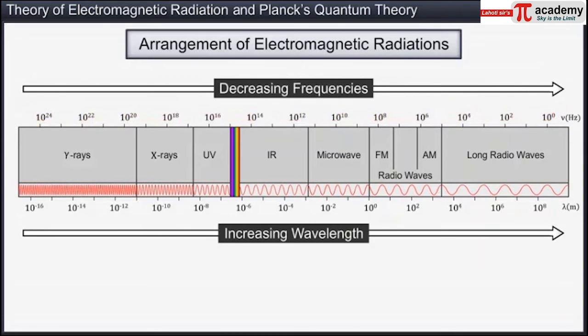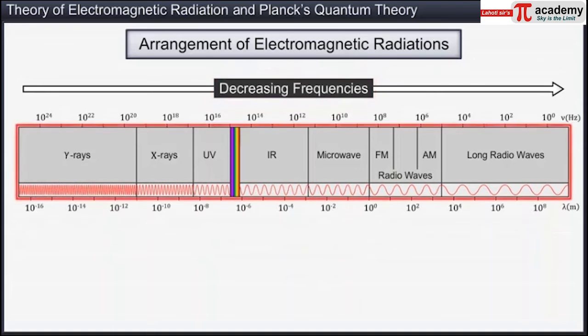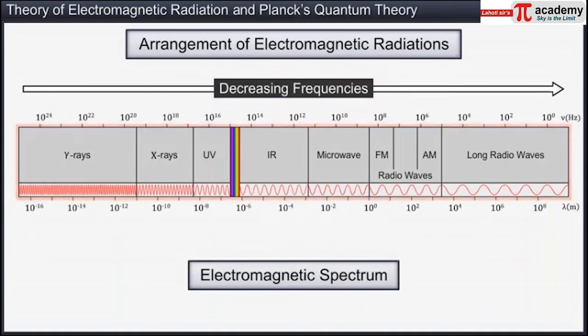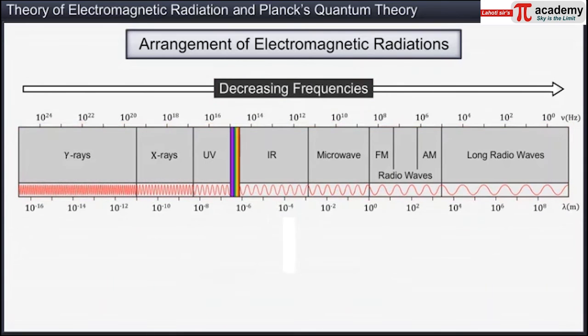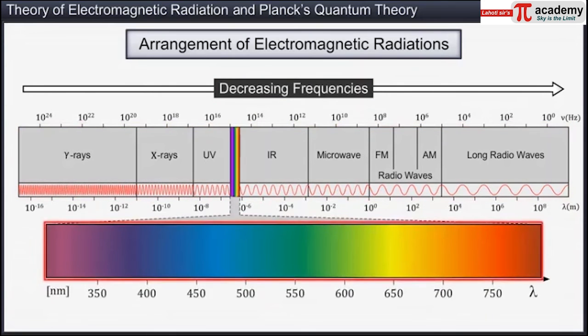When these electromagnetic waves of different wavelengths are arranged in the order of increasing wavelength or decreasing frequencies, it is called the electromagnetic spectrum. Of these, the radiations that are visible to the naked eye constitute the visible spectrum.